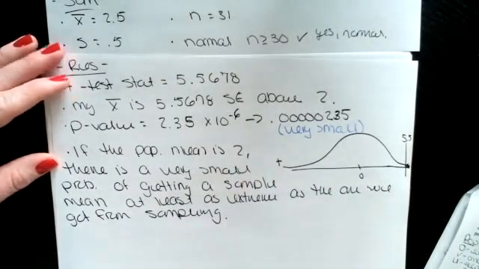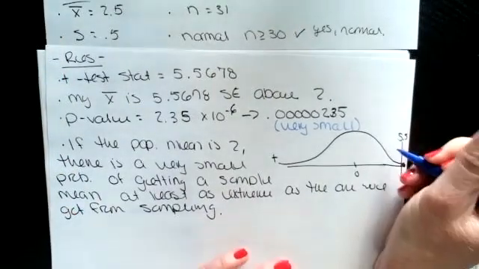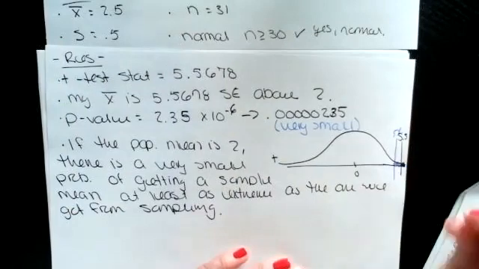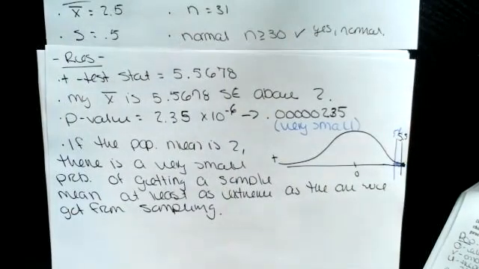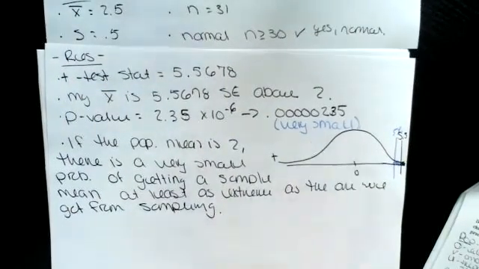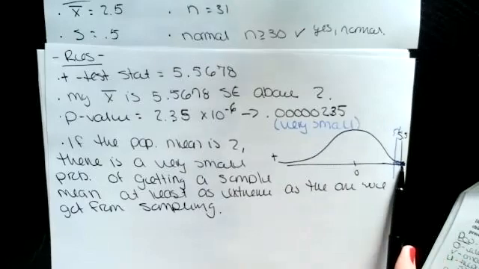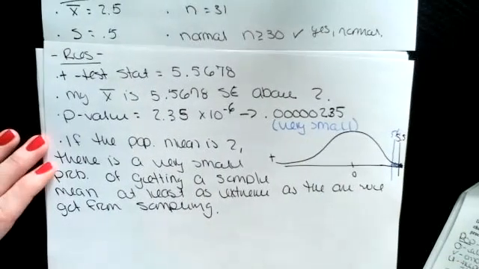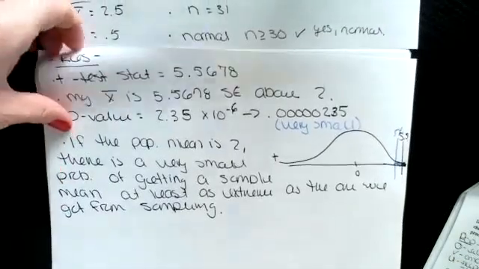So it's just saying that here's my 5% cutoff in the blue. I'm just saying that there's a very small chance of getting another sample this far away from the center or even further away. That's what the at least as extreme as means. Okay, so there's all my calculations for my test.